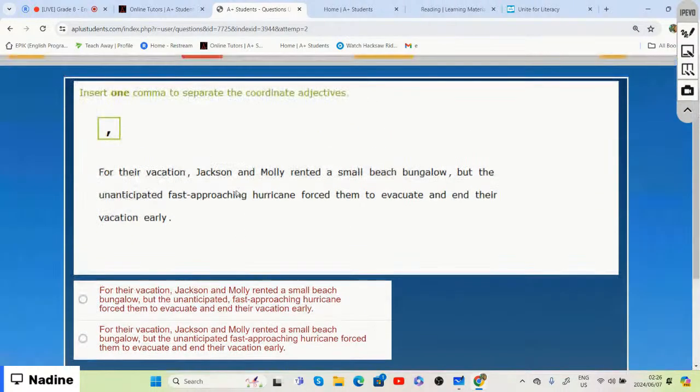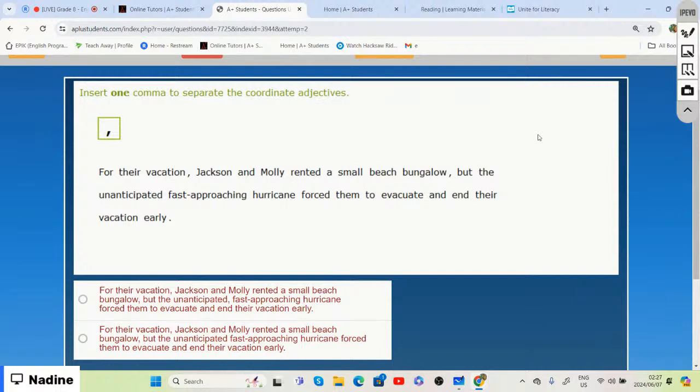So, for their vacation, Jackson and Molly rented a small beach bungalow, but the unanticipated fast approaching hurricane forced them to vacate and end their vacation early. So we need to insert one comma to separate the coordinate adjectives.